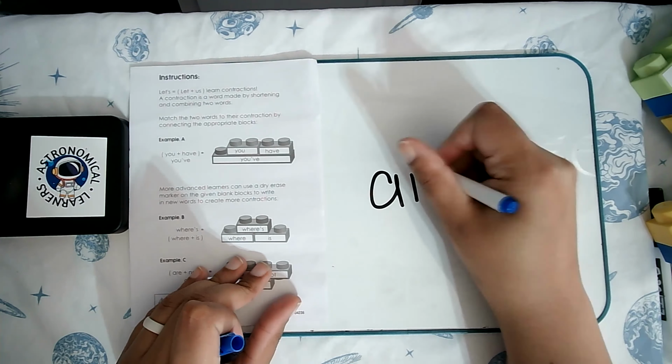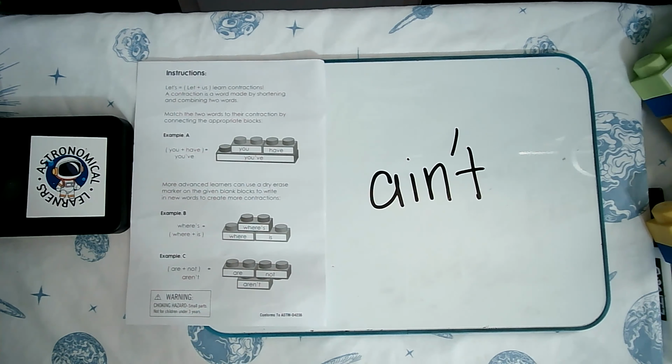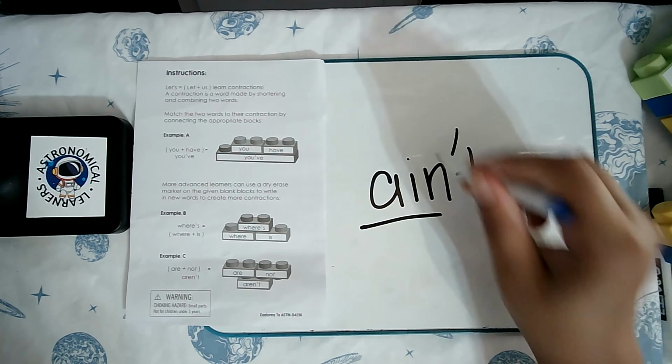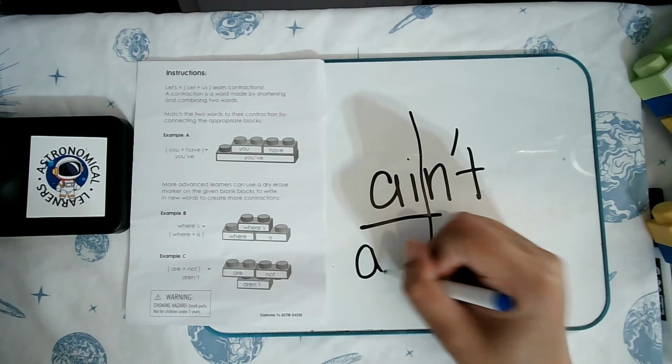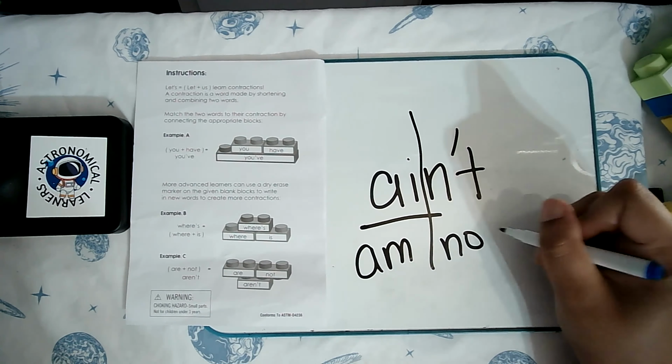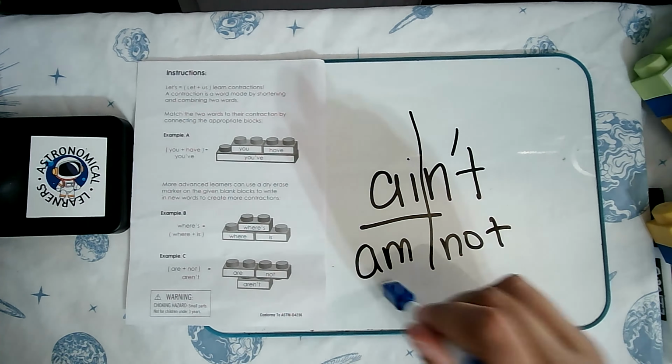Because this is my favorite. What is this? Is this a vowel team? No. This is a contraction. And I'll tell you what it is. Because remember that little O. Am not.